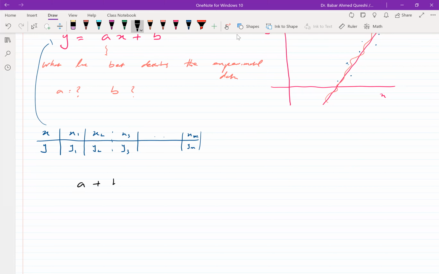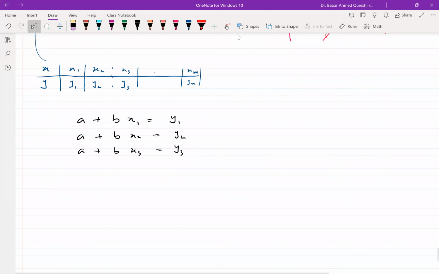A plus B, A and B are unknowns. You're trying to find them, but you are saying that when you put this data in, this is what you get. So you generate n m equations.